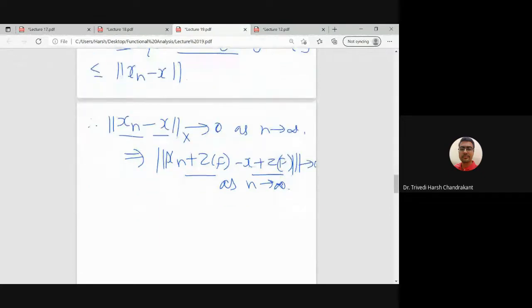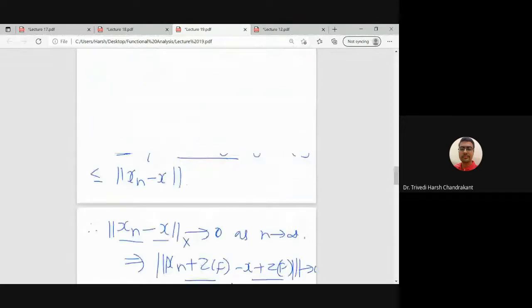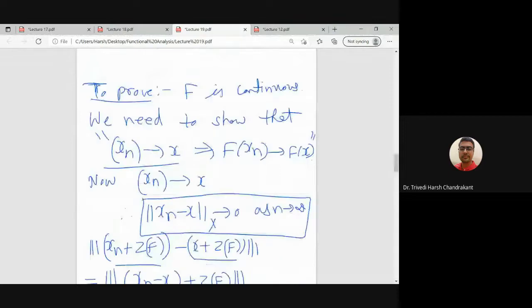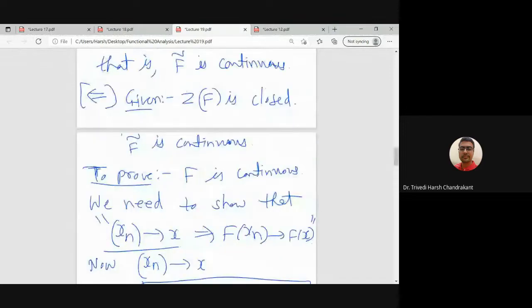So this gives xn plus kernel converges to x plus kernel. And then what is our hypothesis? F tilde is continuous. So whenever we have a sequence which converges in the quotient space, f tilde of that sequence converges.